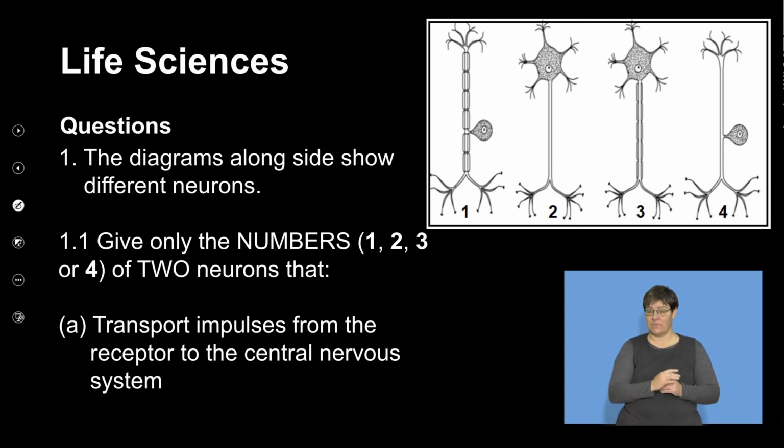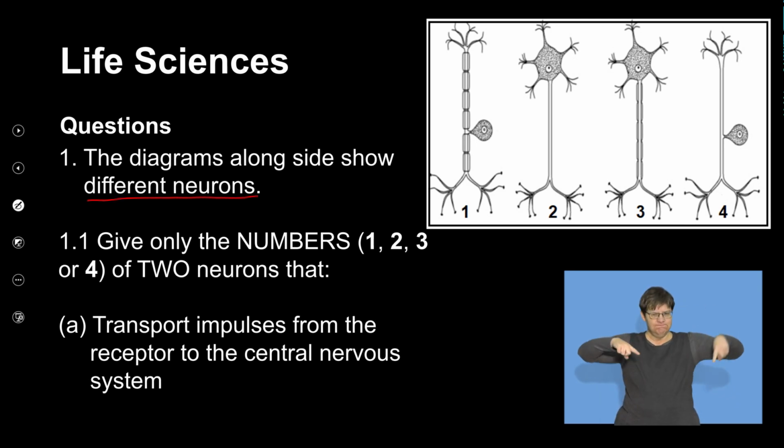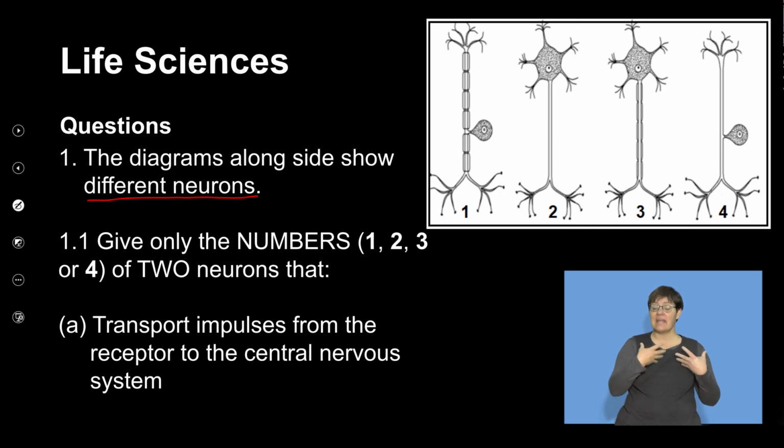Then number 4 here, we're looking at the diagram that shows different types of neurons. It says, give only the numbers. When you answer, you only give the numbers 1, 2, 3, or 4 of 2 neurons. How many? 2 neurons. That does what?